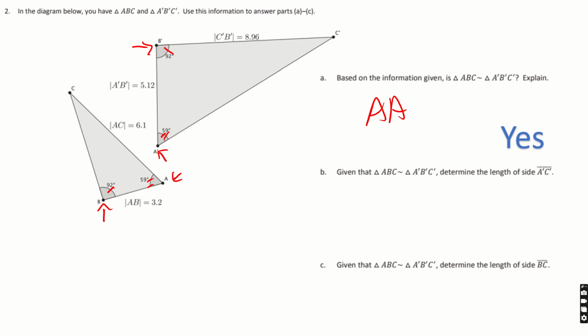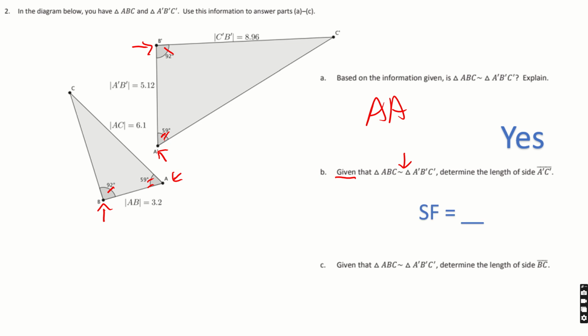Part B says, given that they are similar, so now it says regardless of whether or not they were, which they were, but now they're saying for sure it's given, right? They are similar. Determine the side length of A prime, C prime. So same thing, we could look for a scale factor here.